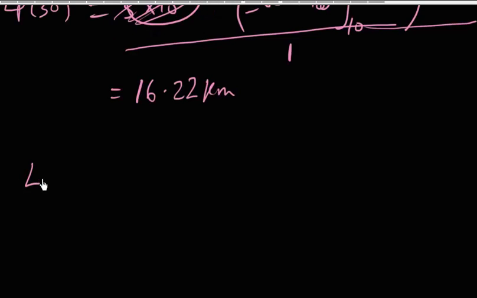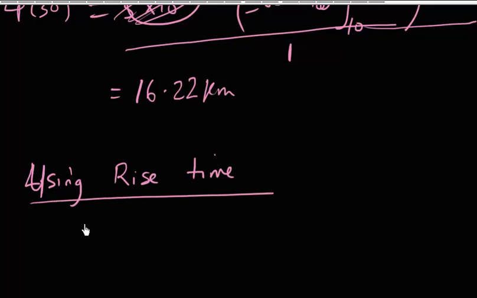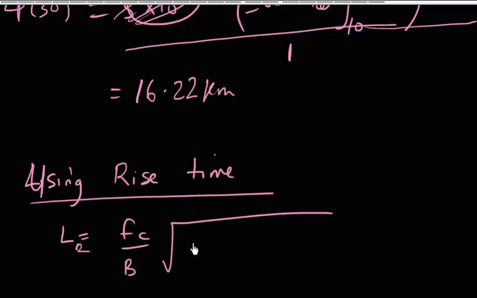So we now calculate the length again using rise time. L is equal to FC over B root 1 minus B squared.